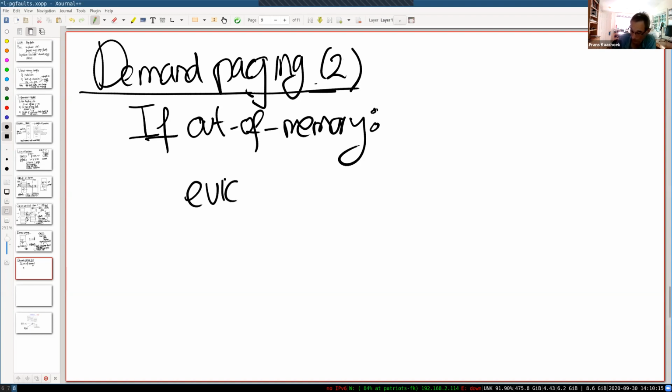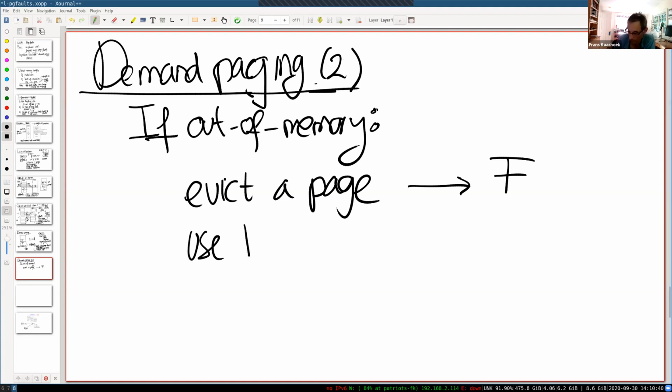For example, if it's a data page that got modified, you can write it back to the file system. Then once you evict the page, you have a new free page, and you can use that page to satisfy the fault that you had, and then restart the instruction again.